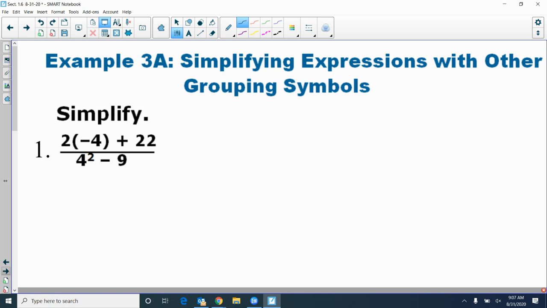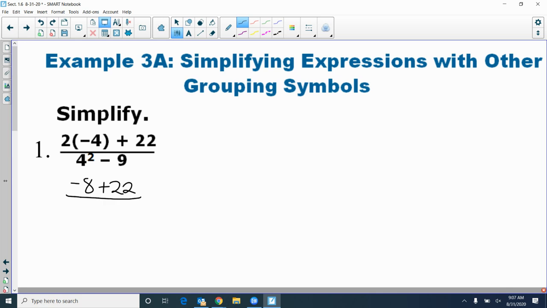And again, here, this is an opportunity where you guys don't need to write every single little step. All right, we can show the first step on the top and the first step on the bottom. All right, so my first step on the top, what do I want to do to simplify the top? Christian? Times 2 and -4. All right, so I'm going to have 2 times -4. That gives me -8 plus 22.